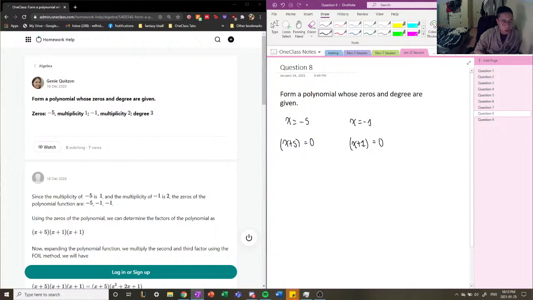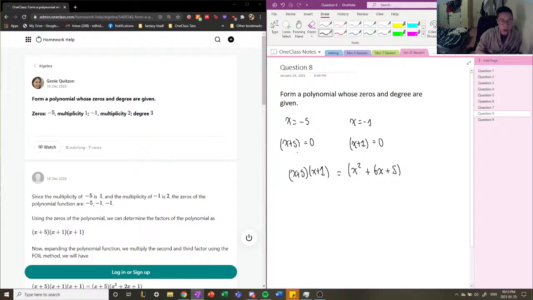The other key piece of information here is that the polynomial is of degree 3. Right now we have 2 factors, so if we were to expand it, we would see that we do not get a polynomial of degree 3. And this is where multiplicity comes in. Multiplicity basically describes the power of our factors.